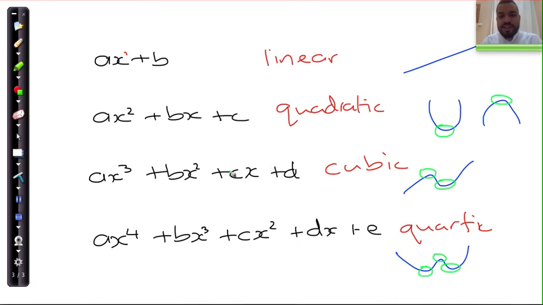The cubic polynomial has 3, and the number of turning points is only 2, and a quartic polynomial has 1, 2, 3 turning points, with the highest degree being 4. So what is the relationship between the turning points and the degree of the polynomial? The degree is always 1 more than the number of turning points when we represent that function graphically, or the turning points are always 1 less than the degree of any polynomial.